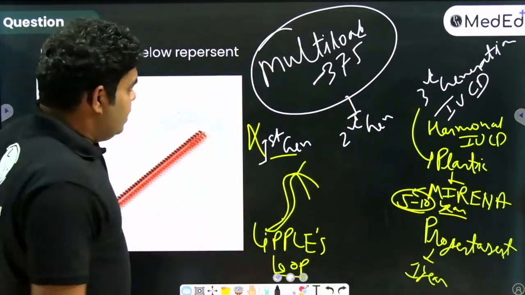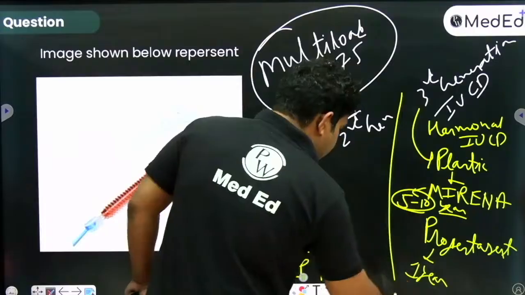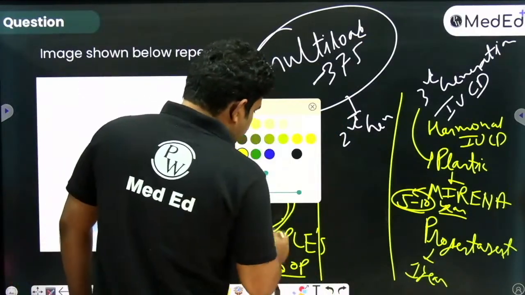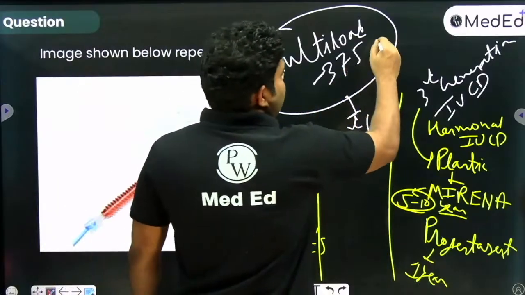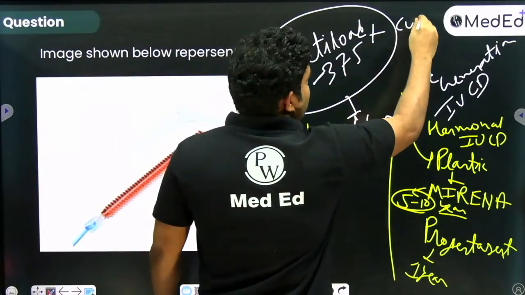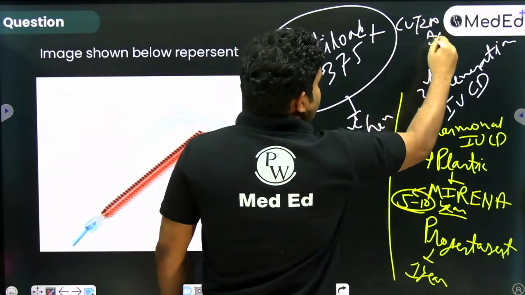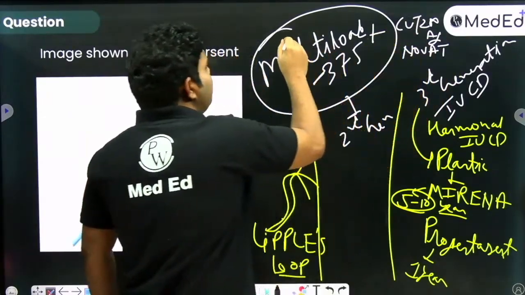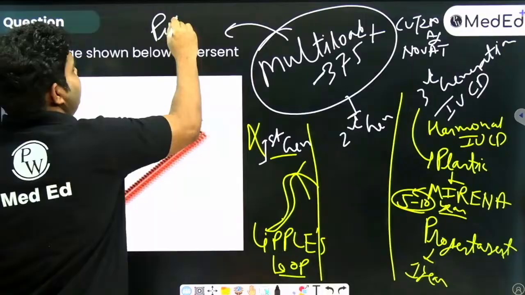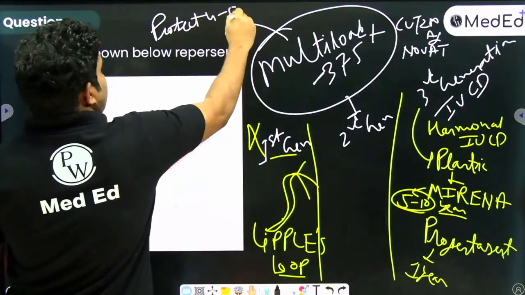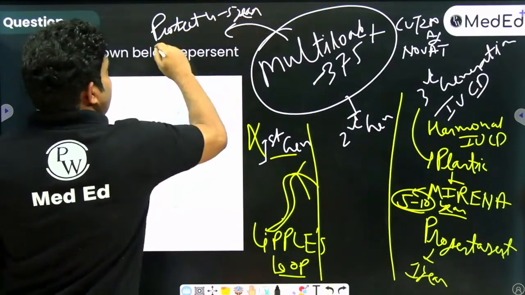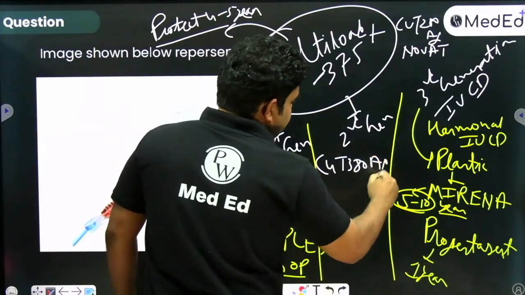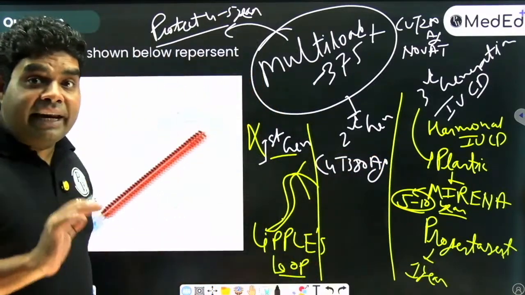Progestasert 1 year. And when it comes to second generation IUCD, this is multi-load 375, which, just like copper T 200 AG and Nova T, all these three second generation, they all protect for 4 to 5 years. But when it is copper T 380 AG, that I hope you all know protects for 10 years.